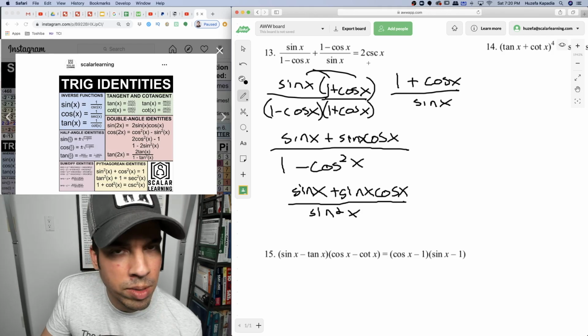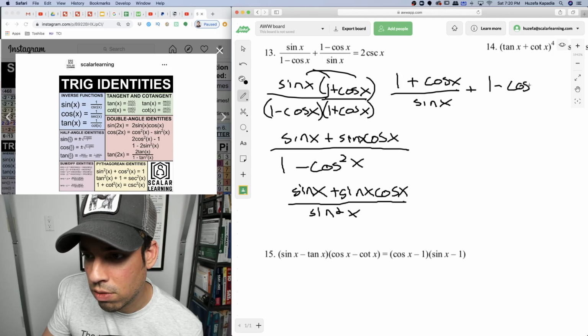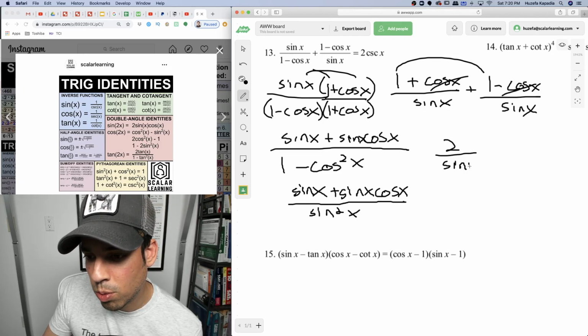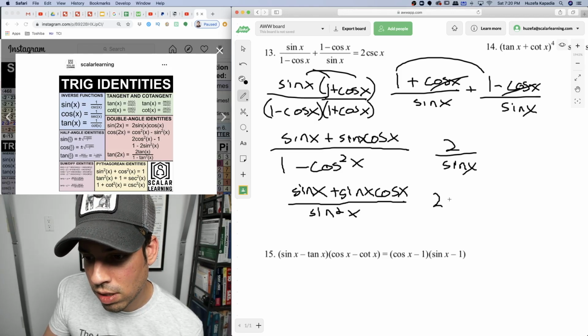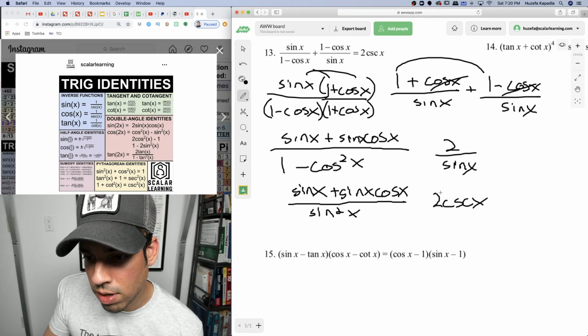And now look, they have common denominators. Plus 1 minus cosine of x over sine of x. These guys combine to 2. These guys cancel out. And I got 2 over sine of x. But when sine of x is in the denominator, it's the same as cosecant, right? 1 over sine of x is cosecant of x.